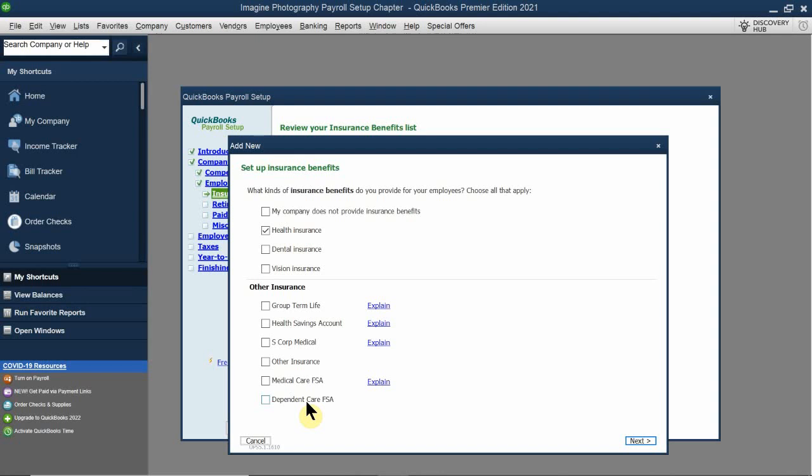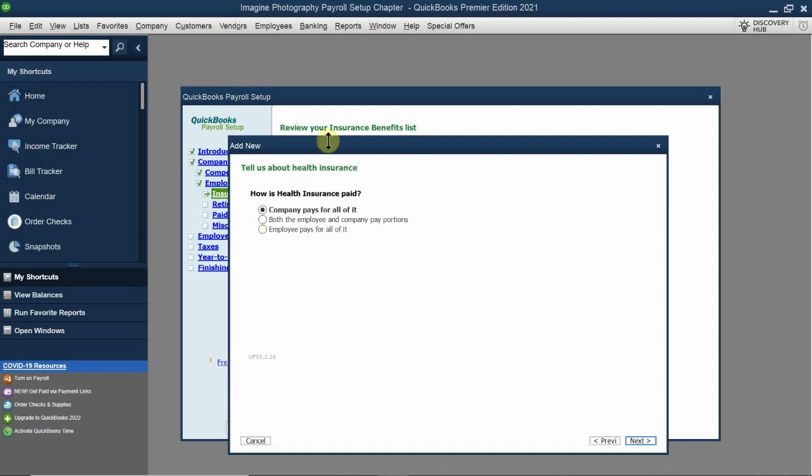And you paid into a life insurance plan. You can offer a lot of other insurances. This is just insurance for the sake of health of the employee. So in this case, I'm going to say I only offer health insurance, no vision, no dental, no life insurance or anything like that, okay? So in this case, I only am going to put in health insurance. So I'm going to go ahead and click next.